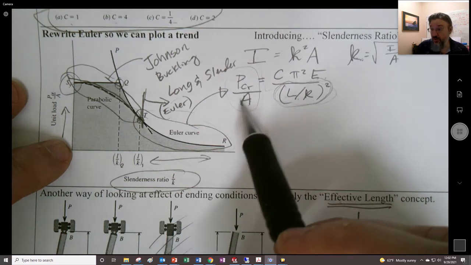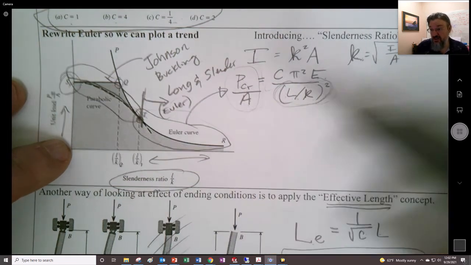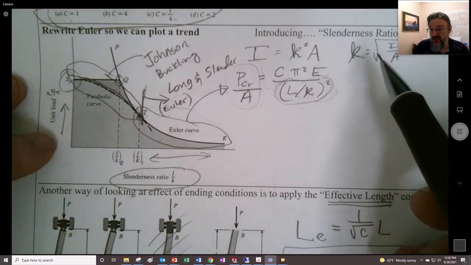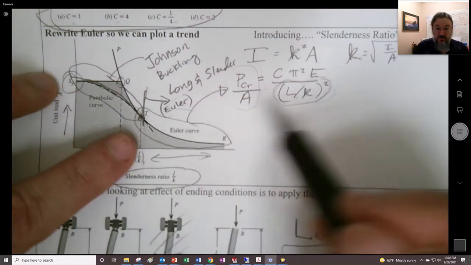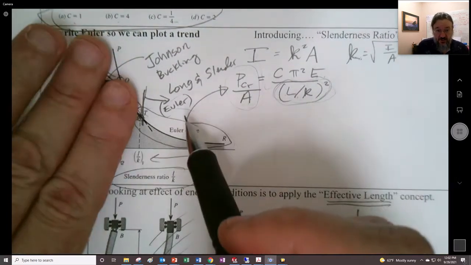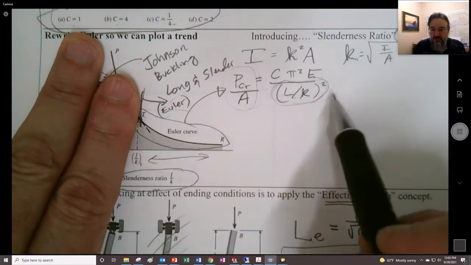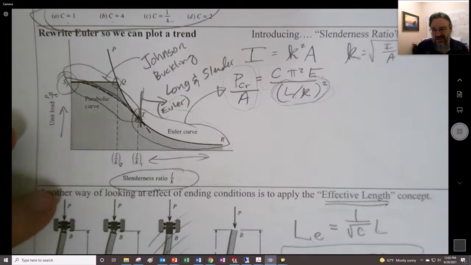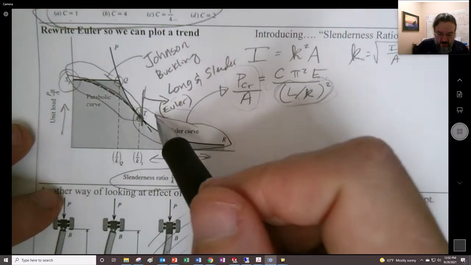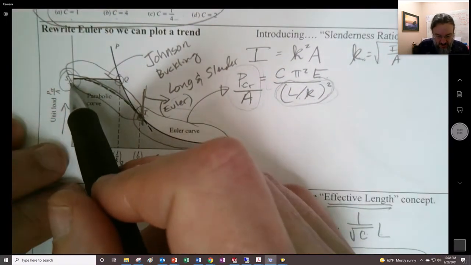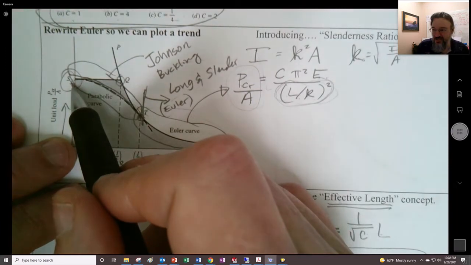It's sort of like a stress, right? That's really the compression stress that the thing experiences. From a little range right here, we can see it's parabolic, so it's to the square, kind of inverse parabolic, right? But then as we get up right here, we have a material limit.